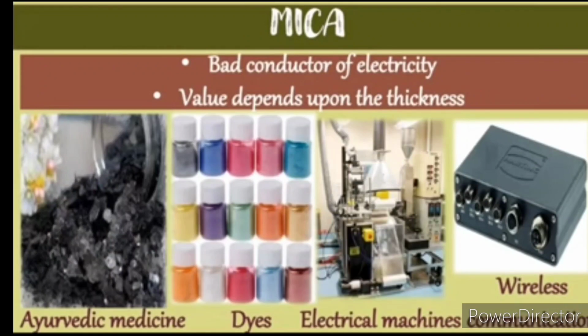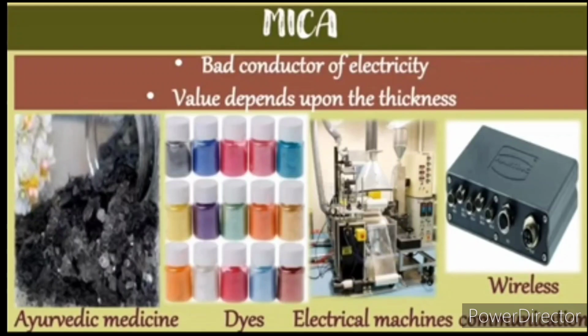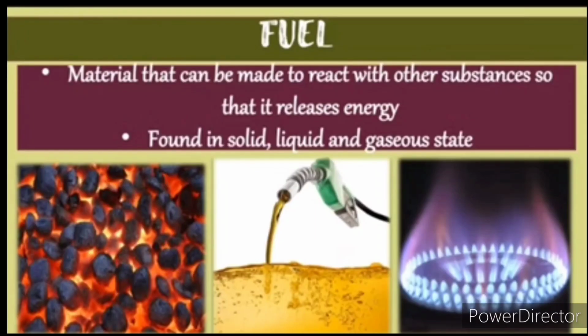In all such cases, we use copper. The last but not the least mineral is mica. Mica is a bad conductor of electricity. Its value depends on the thickness of its layer. Mica has many uses like Ayurveda, dyes and electric machines also.